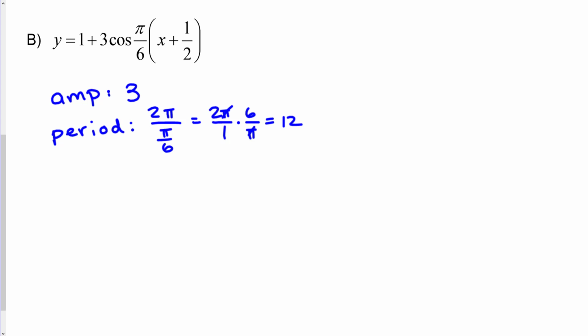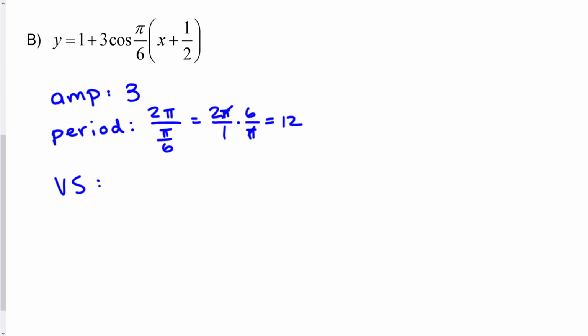So in 12 units, that's how long it will take to complete 1 cycle. Because the other way, you would complete pi over 6 cycles in 12 units, which is strange. So it would take 12 units to complete a full cycle.